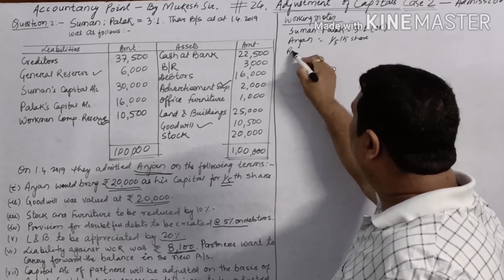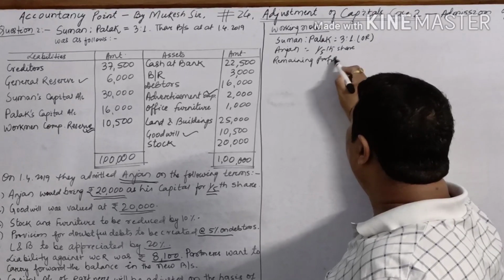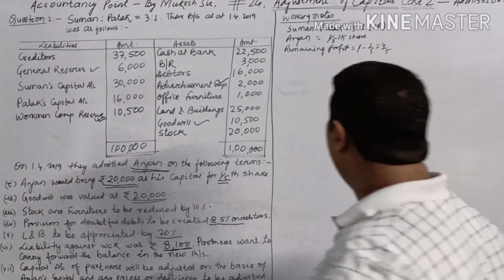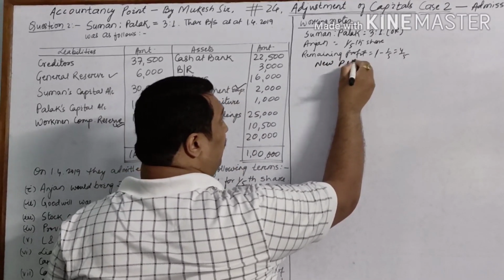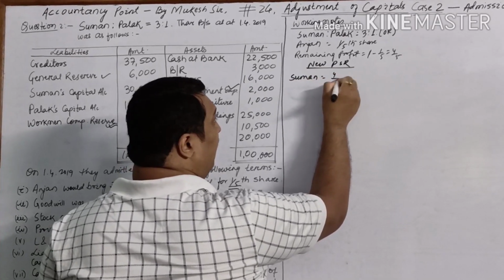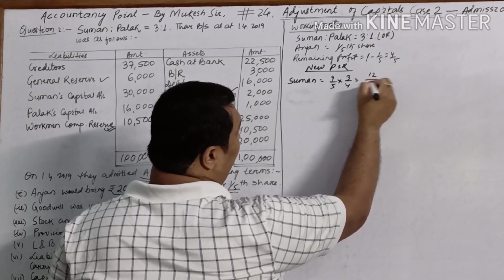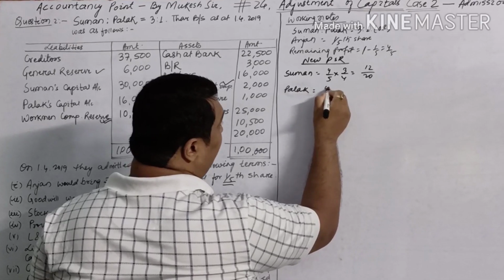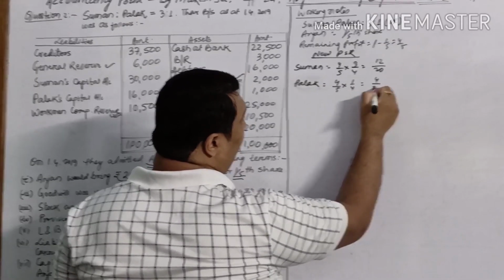So we will calculate the remaining profit. The remaining profit will be 1 minus 1/5, that is 4/5. Now the new PSR for Suman will be 4/5 into 3/4, so it will be 12/20. For Palak, it will be this balance into her share, that is 4/20.